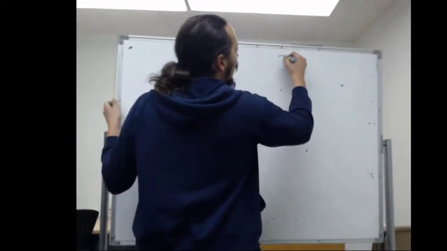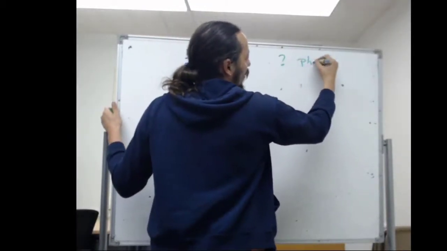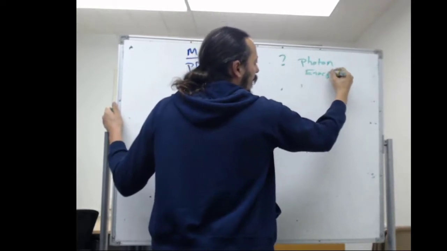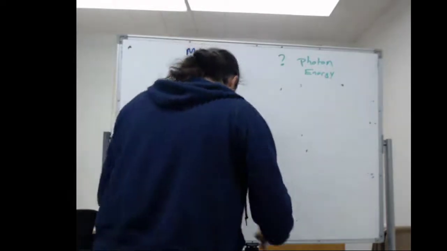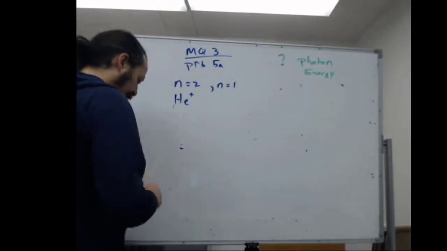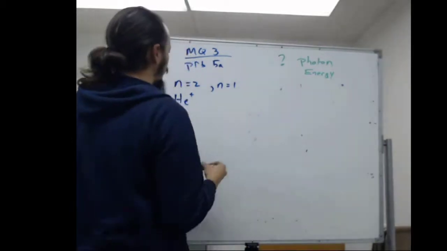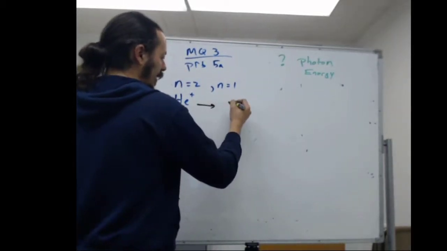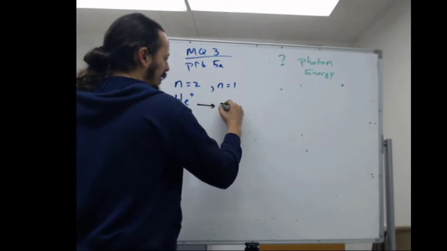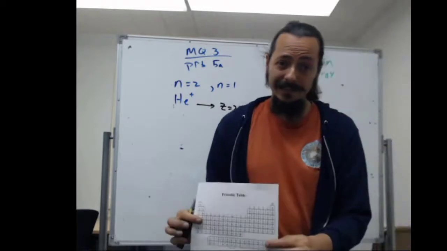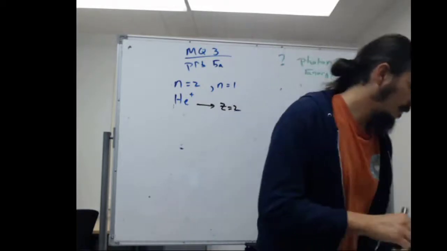Always identify what the question is asking for. Photon energy. So, inferred information. Helium corresponds to Z equals 2. Need the periodic table to get that bit.